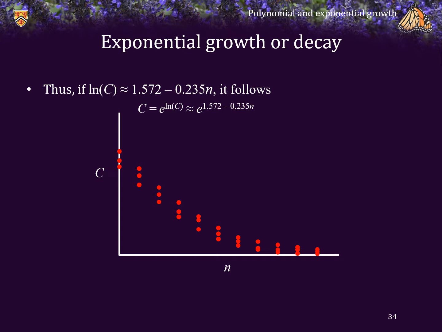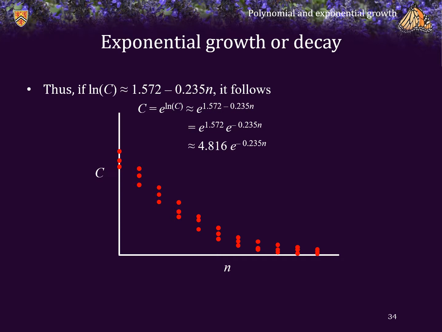Now, wait a second. e raised to the x plus y is equal to e to the x times e to the y. Therefore, the right-hand side is equal to that expression there, and we can determine that e to the 1.572 is approximately 4.816, and this is times e to the negative 0.235n.